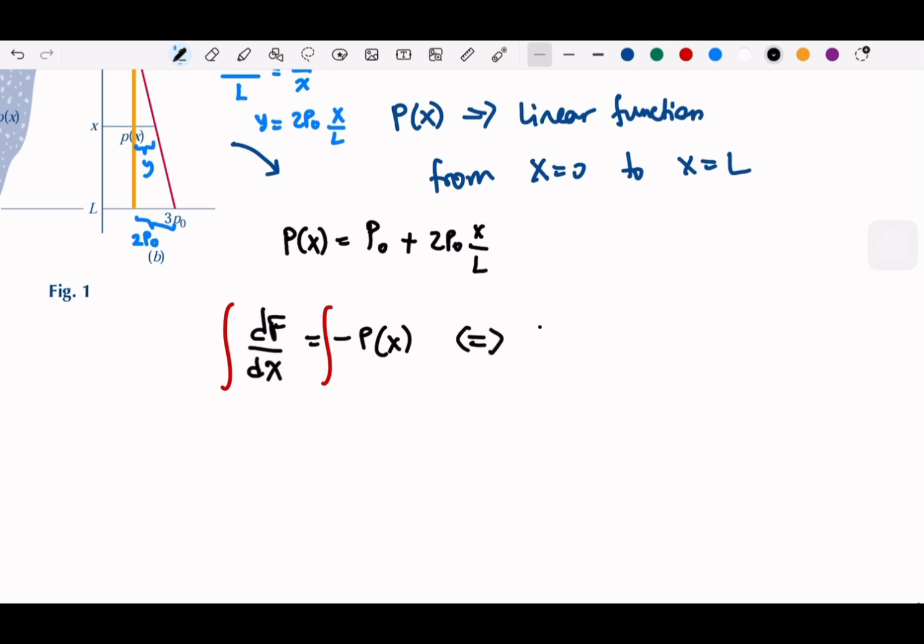Then this will be f(L) minus f(0) equal minus the integral.